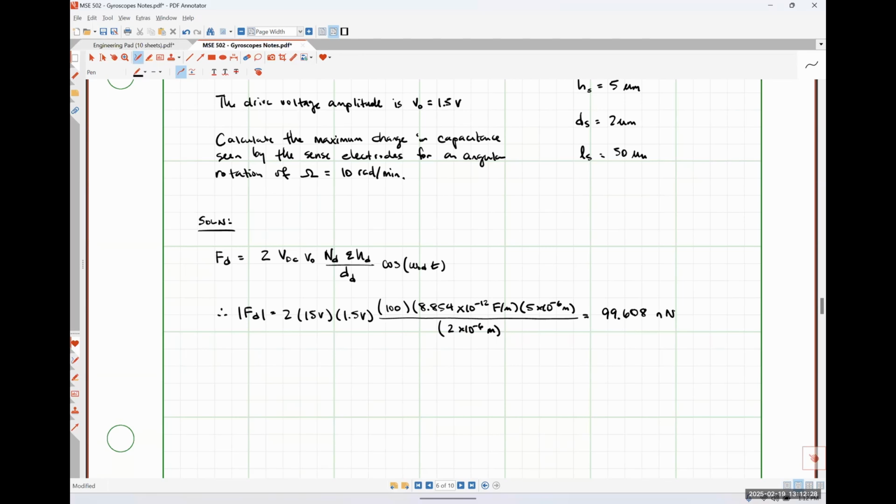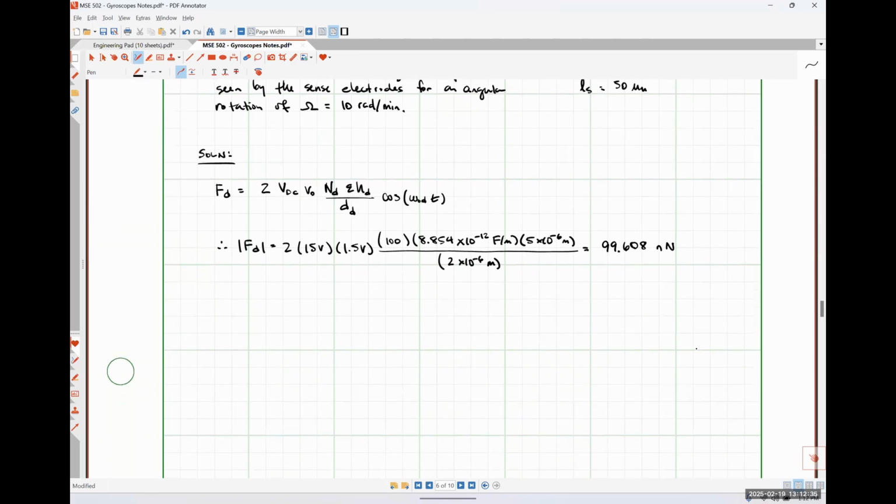So that is our force, the magnitude of our force. From this, the magnitude of our drive mode displacements, XD, should be negative J times QD over KD times the magnitude of our drive force.